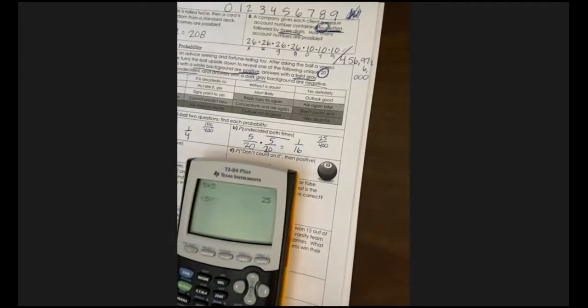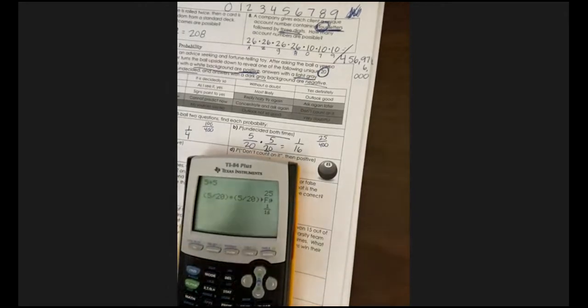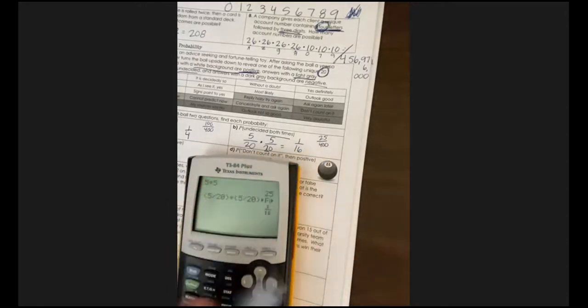But I'm able to just type it in and it gives me a simplified answer. But if you don't have a calculator like this, and you don't want to use Desmos, multiply straight across for fractions and then simplify.